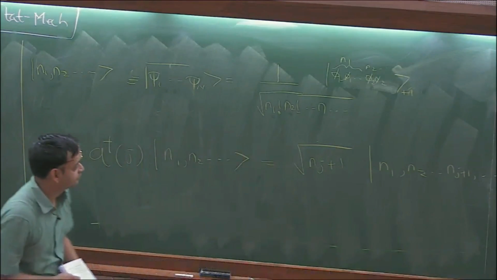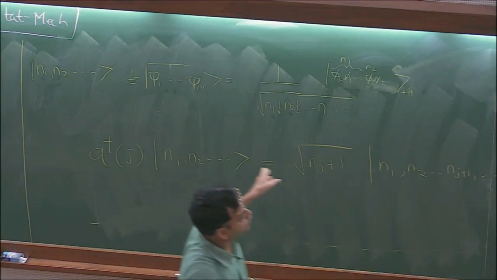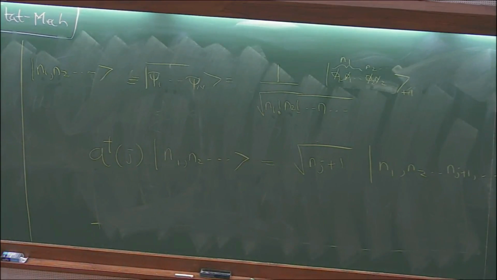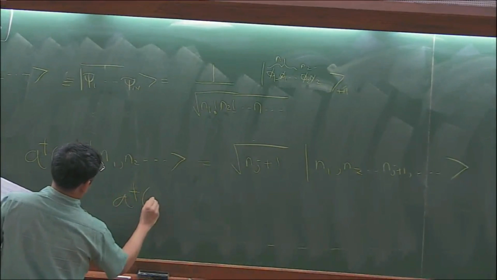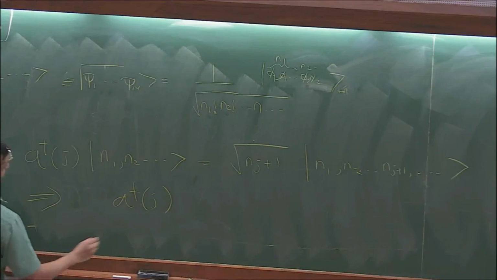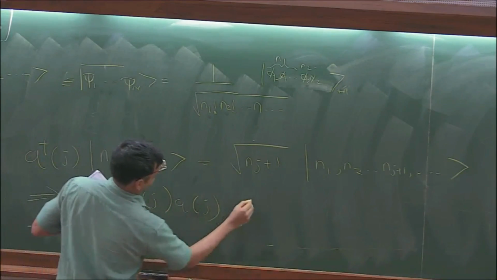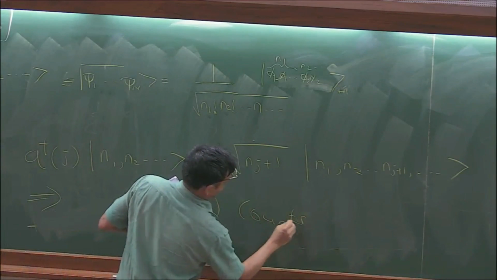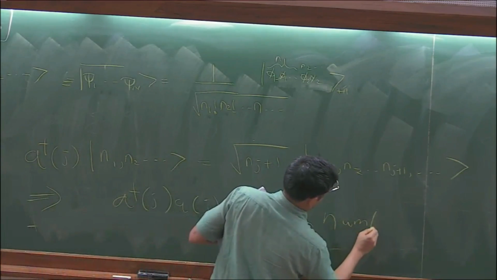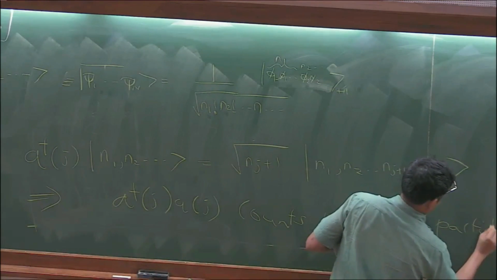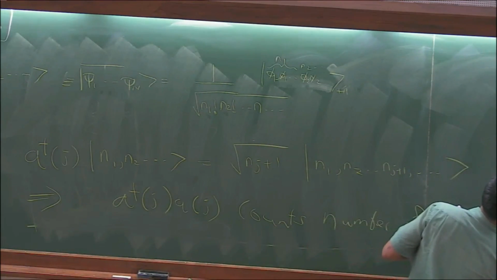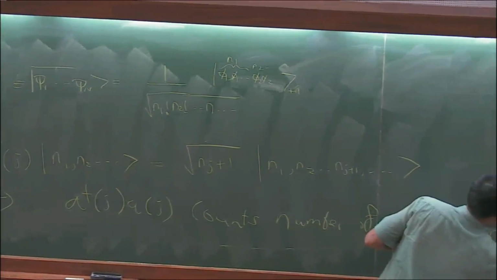Now identify this with what you know from the harmonic oscillator, and you see that the operator A dagger j A j counts the number of particles in orbital j.